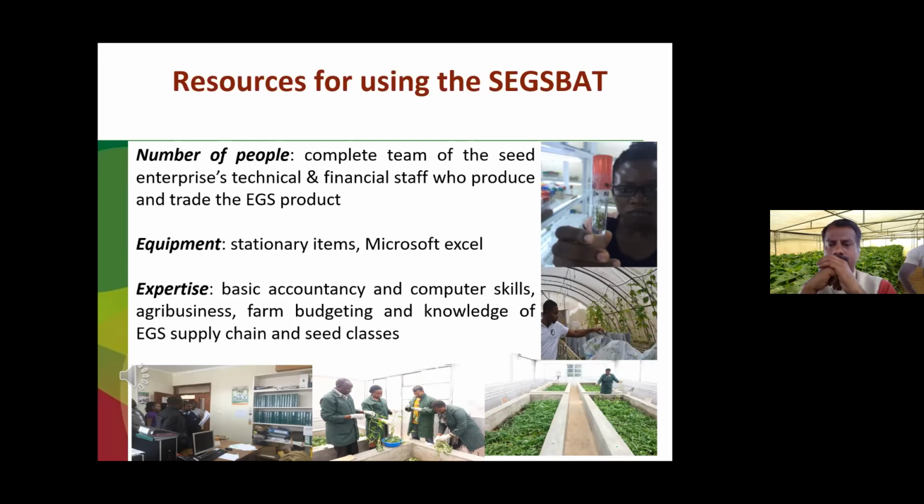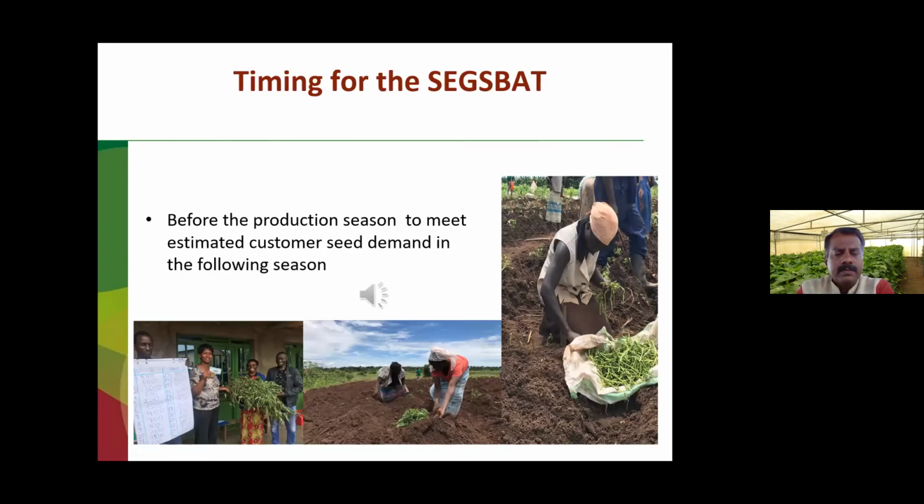Since you will be estimating the complete production cost, you need to know the basic farm budgeting skills, and also the knowledge of EGS supply chain and seed classes, because you have to do this cost of production at every stage of early generation seed production. And because the EGS production has different stages, it is very important that we estimate the cost stage-wise.